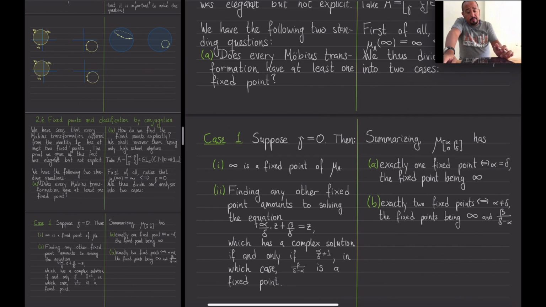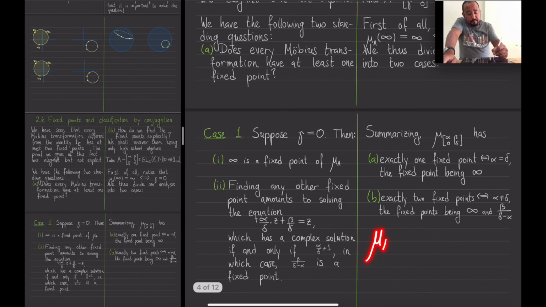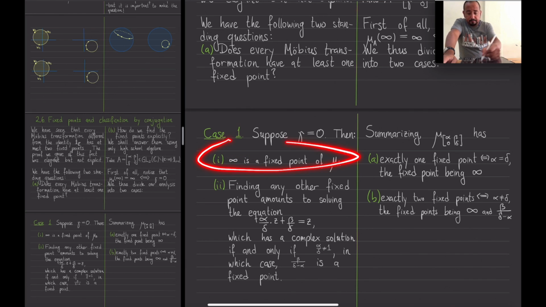Okay, so fixed points are the points that satisfy mu a of z equal to z, right? So it's obvious that finding any other points, namely the points that are complex numbers and are fixed by mu of a, amounts to just solving this equation, right? This is mu a of z, and now for complex number z, because for infinity it's solved already.